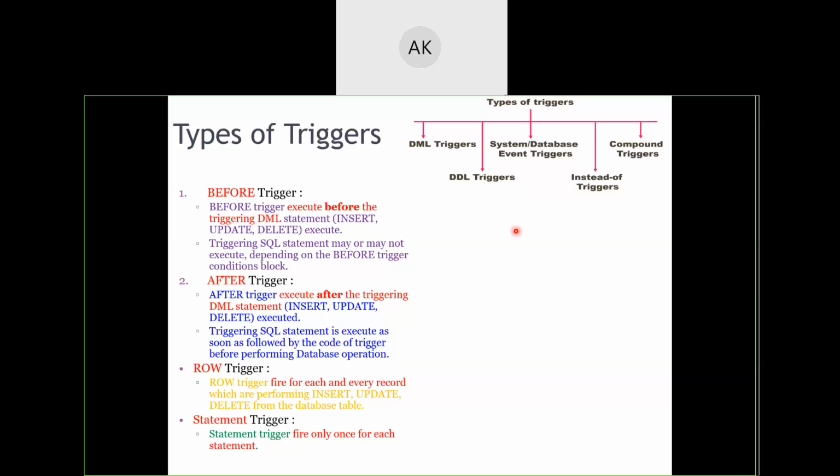So basically, how many types of triggers have we learned now? Can anyone list it out in the chat box? How many types of triggers have we learned now? 4.